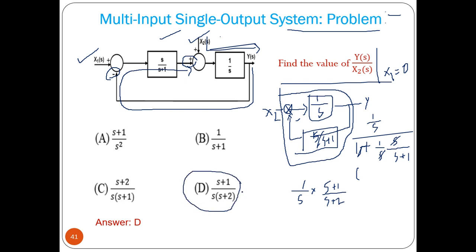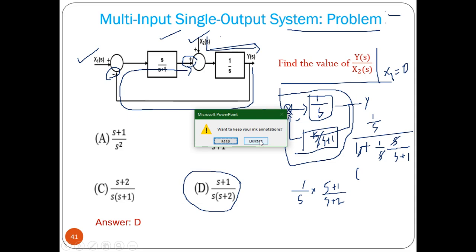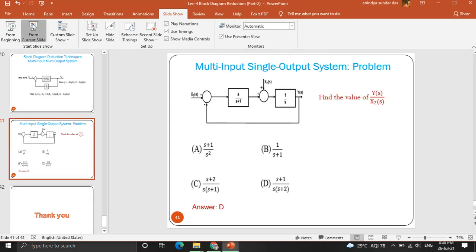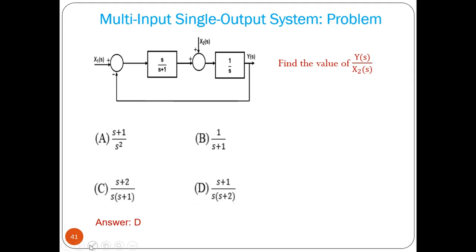Now the same problem, if we want to find out, instead of X2, X1 of s, then what is the result? That means that time you have to make X2 equal to 0. So these two come in series with a feedback path, with a negative feedback.